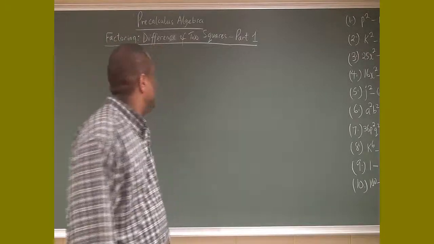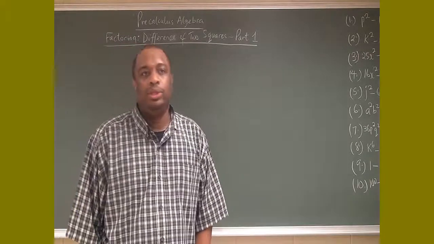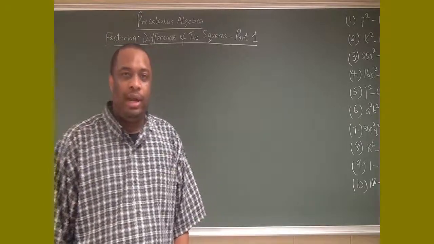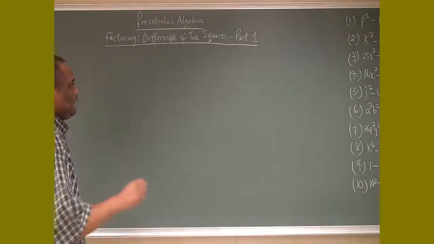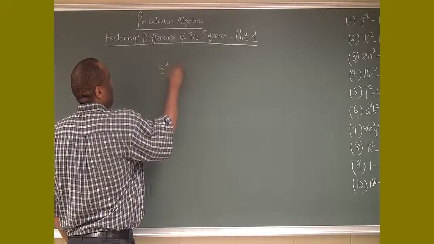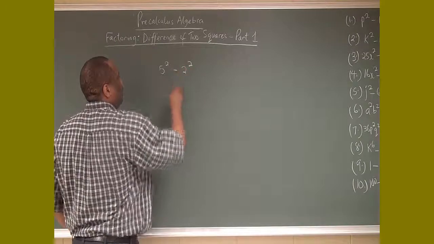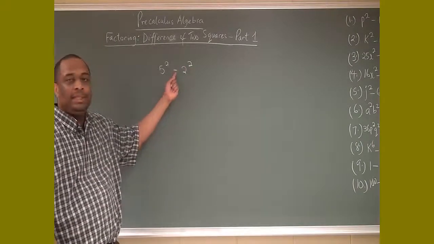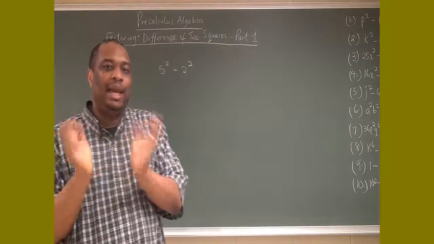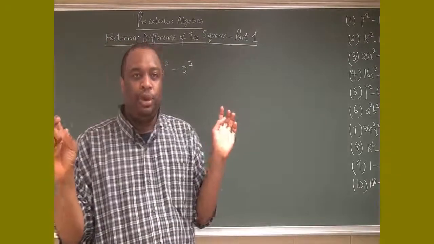Before we go to the difference of two squares, we want to recall our order of operations. Assuming we have 5 squared minus 2 squared. This is a difference. Remember, difference is the answer you get after subtraction.